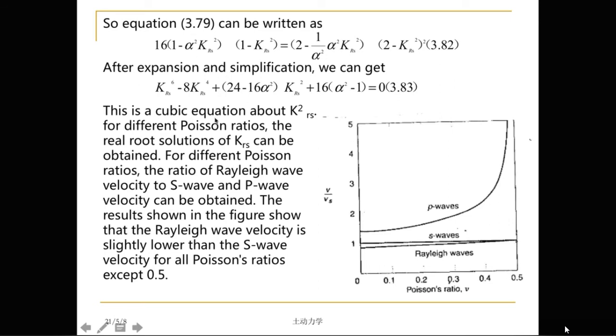This is a cubic equation in KRS squared. For different Poisson ratios, the real root solution of KRS can be obtained, and so the ratio of Rayleigh wave velocity to S wave and P wave velocity can be obtained. The result is shown in this figure.